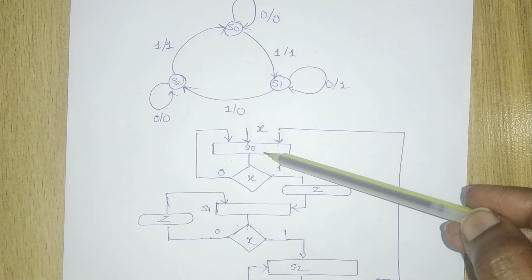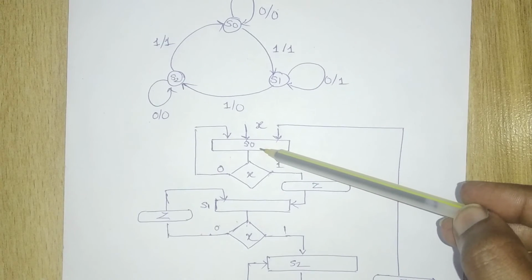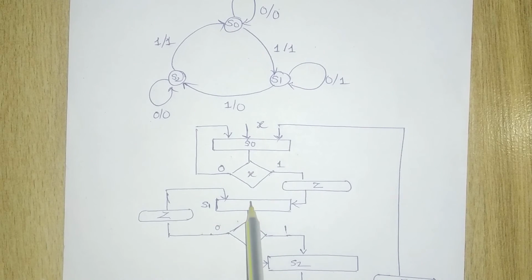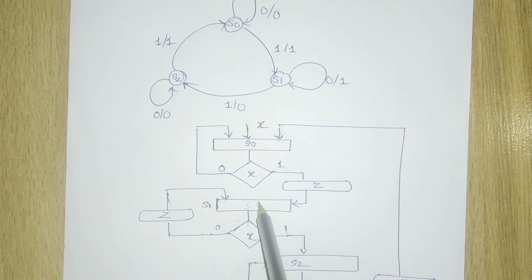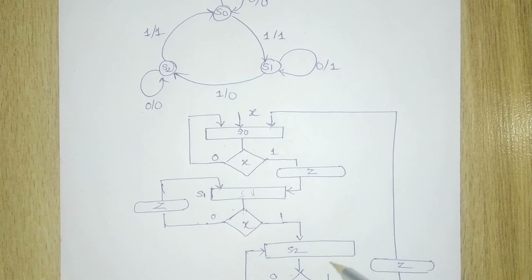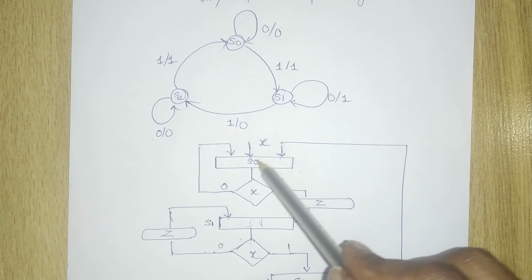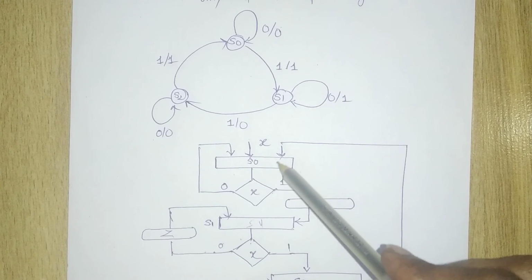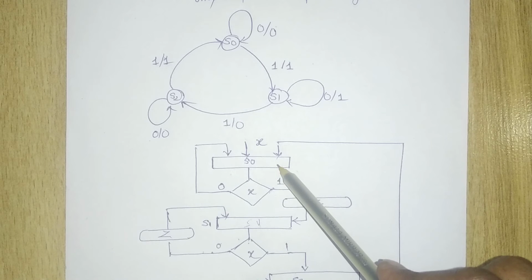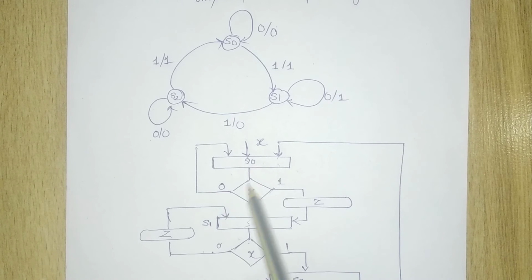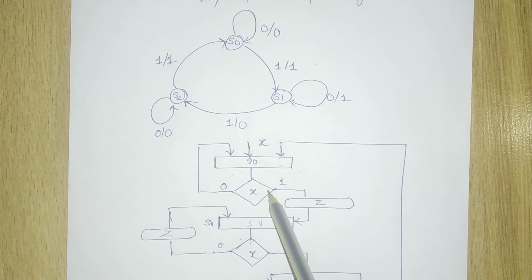Now as you know, in this diagram we have three states, S0, S1 and S2. Then we will take the state S0 in a rectangle box, because this is the state box. Then we have S1, also in a state box, and S2 is also in a state box. Now when input X is given to S0, we don't know the value of X. Here is the condition, here is a decision box.